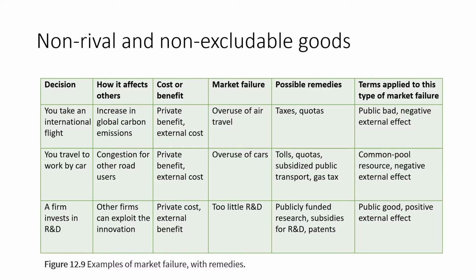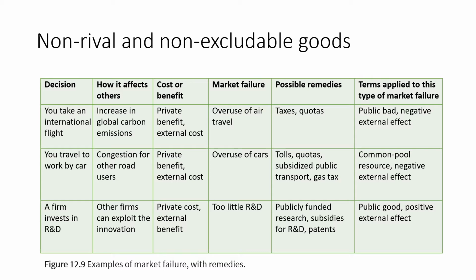However, there is an external cost to taking that flight. The market failure is the overuse of air travel. Because individuals don't take into consideration the impact of their actions on others, we will have an overuse of air travel. Possible remedies include taxes and quotas, so there could be a tax on airplane tickets.